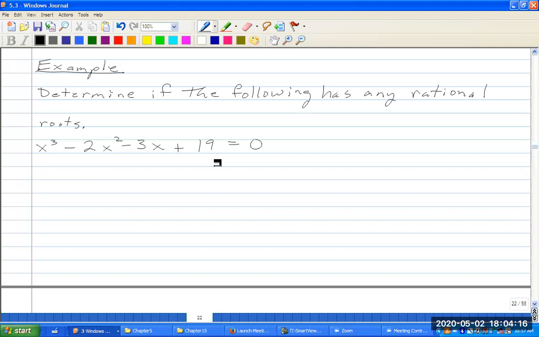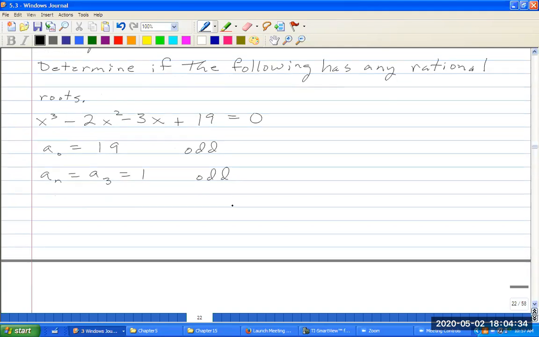So that's the first step. And so notice that the constant term is odd. The leading coefficient is odd. And I don't know, let's call this f of 1 or something. And the sum of the coefficients is 15.